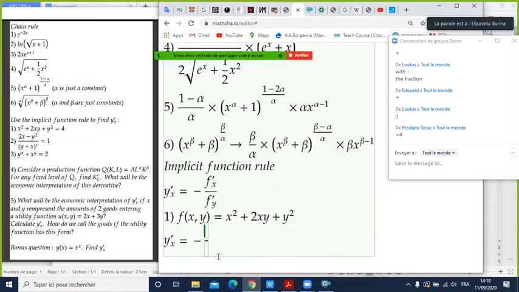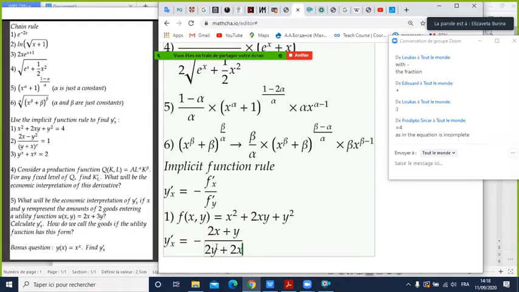And here it is 2x plus y over 2y plus x, with 2, like this, everything with 2. Yes, equals 4 as in the equation is incomplete.